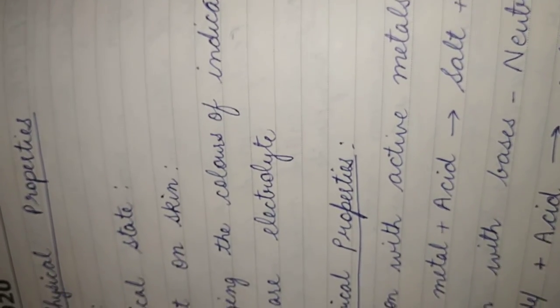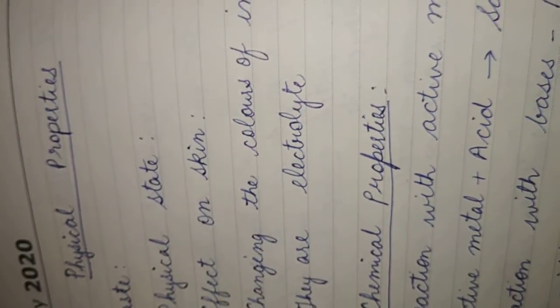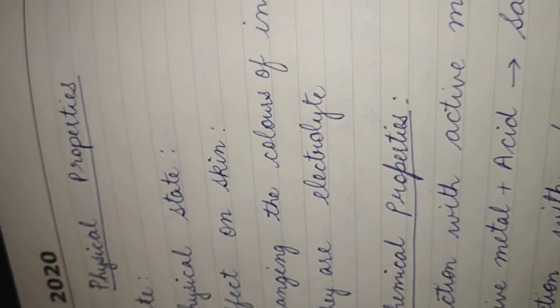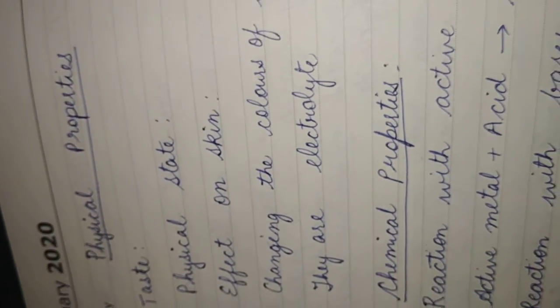Methyl orange will turn pink. Phenolphthalein will remain colorless. So these are the color changes of the indicators in the acidic medium, right? Then the last is that they are electrolytes, as they can conduct electricity through them.